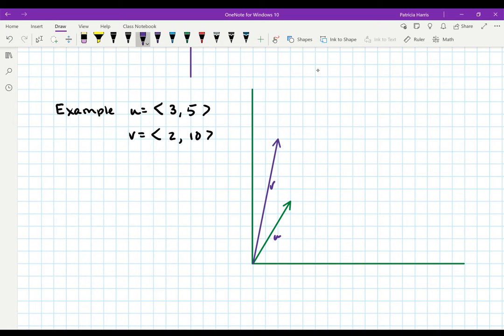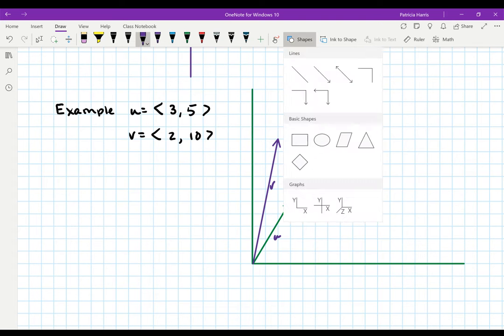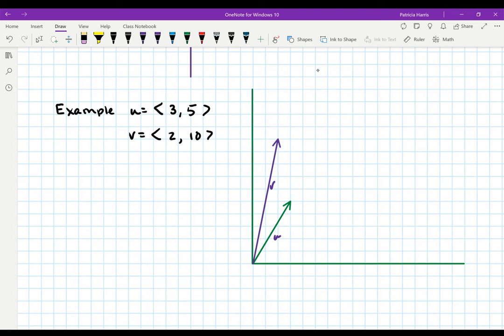So again, this takes a lot of drawing. Okay. All right, next one.